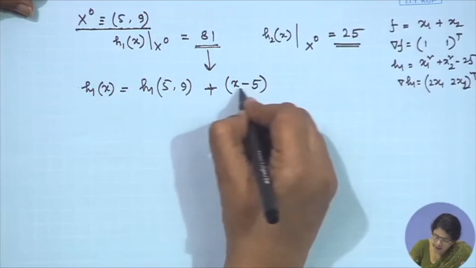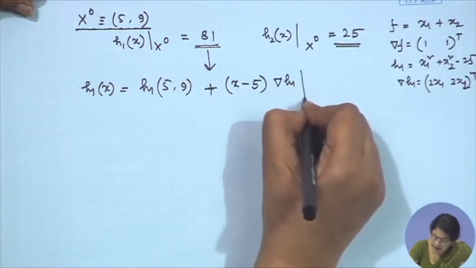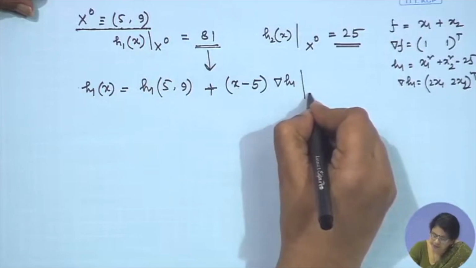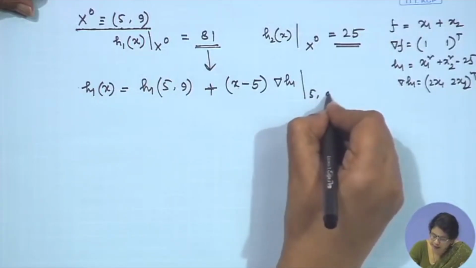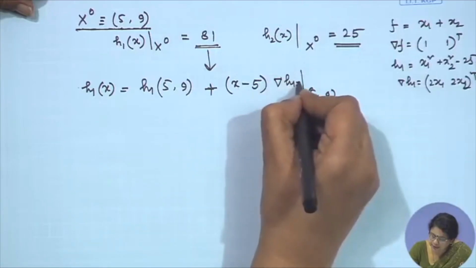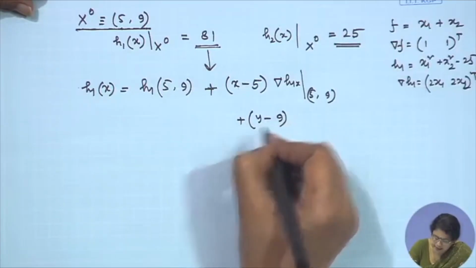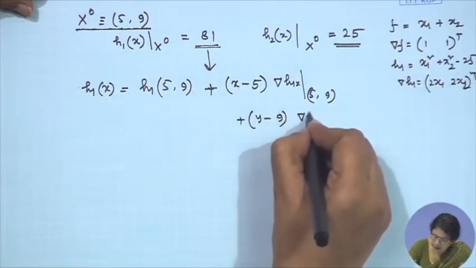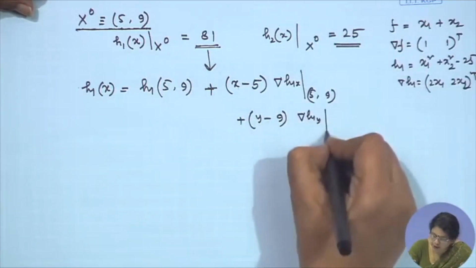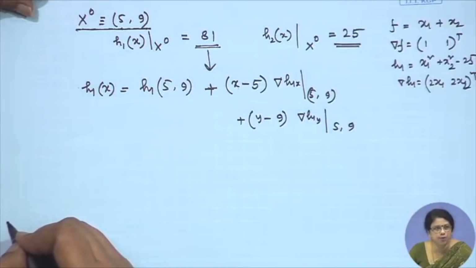So it is x minus 5 times the x part of grad of h1 at point (5, 9), plus y minus 9 times the y part of grad of h1 at (5, 9). Is that clear? That is how I am expanding through Taylor series.